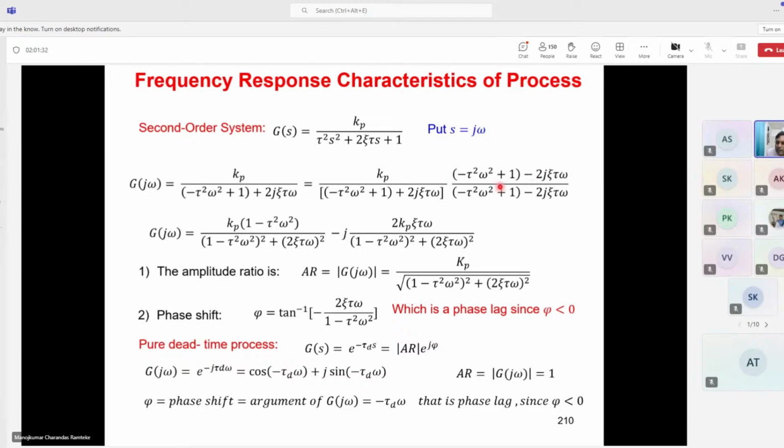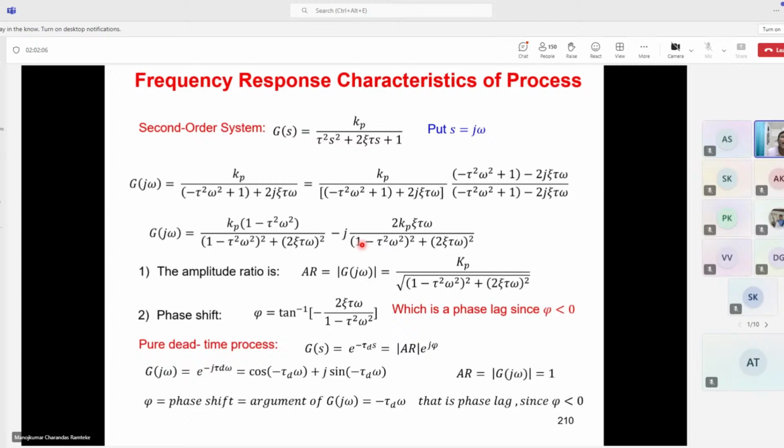So Kp multiplied by this first term gives me the real part: Kp into 1 minus tau square omega square divided by 1 minus tau square omega square whole square plus 2 zeta tau omega whole square. Then, taking out the iota, minus iota into 2 Kp zeta tau omega divided by the same common denominator. This particular term gives me the imaginary part.